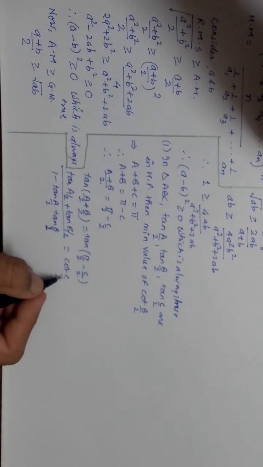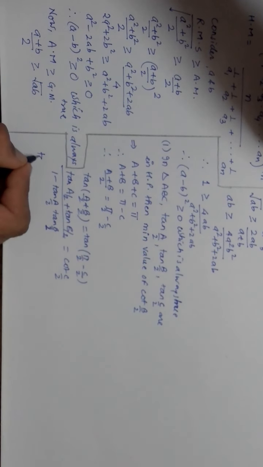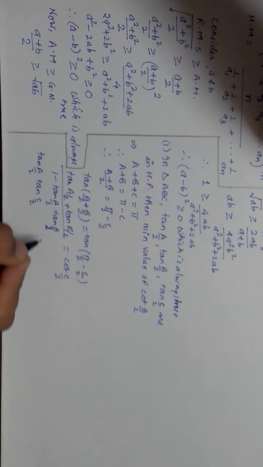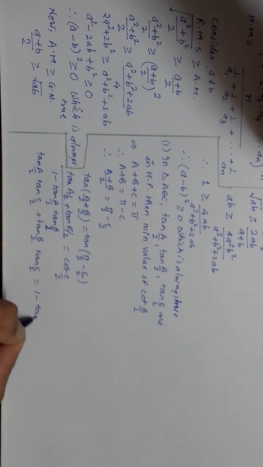So you get here tan A by 2 into tan C by 2 plus tan B by 2 into tan C by 2 is equal to 1 minus tan A by 2 into tan B by 2.